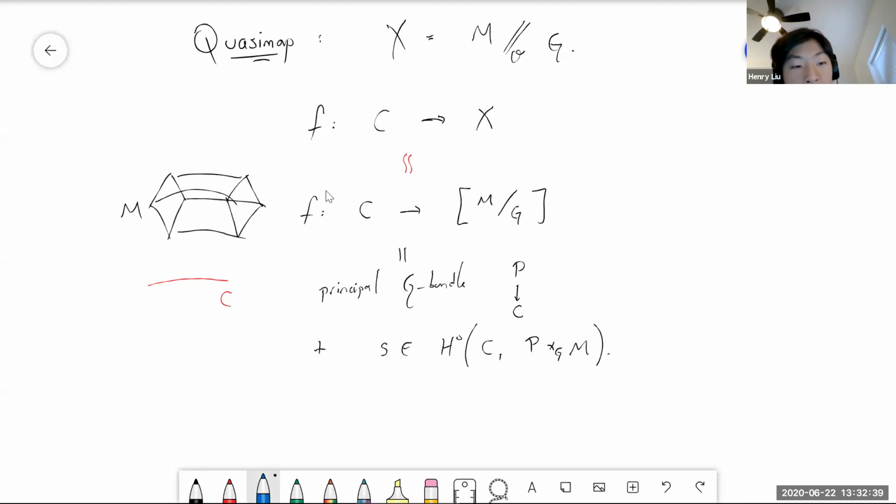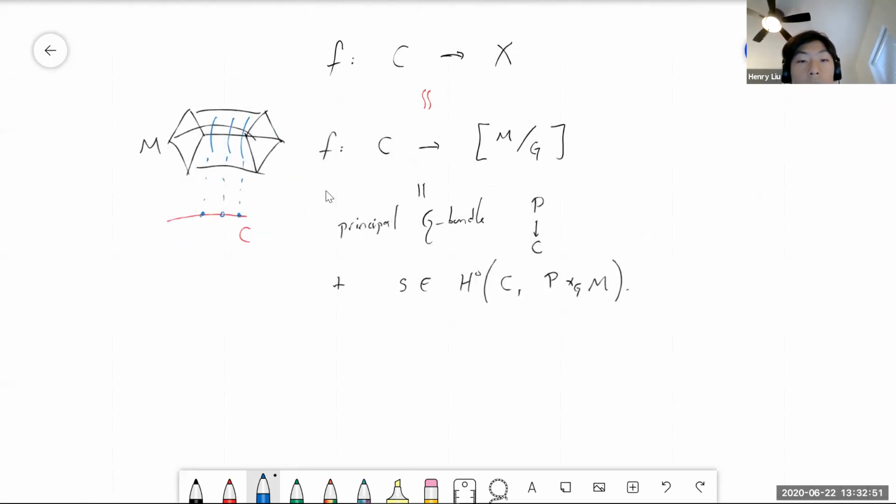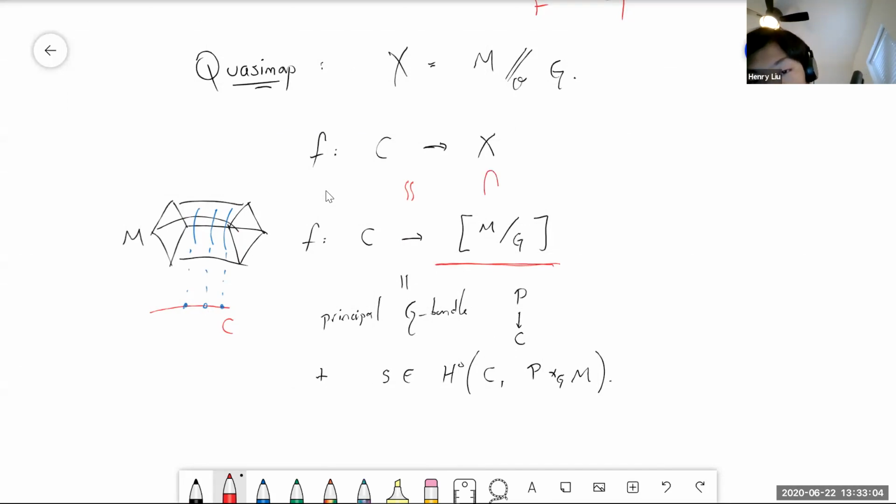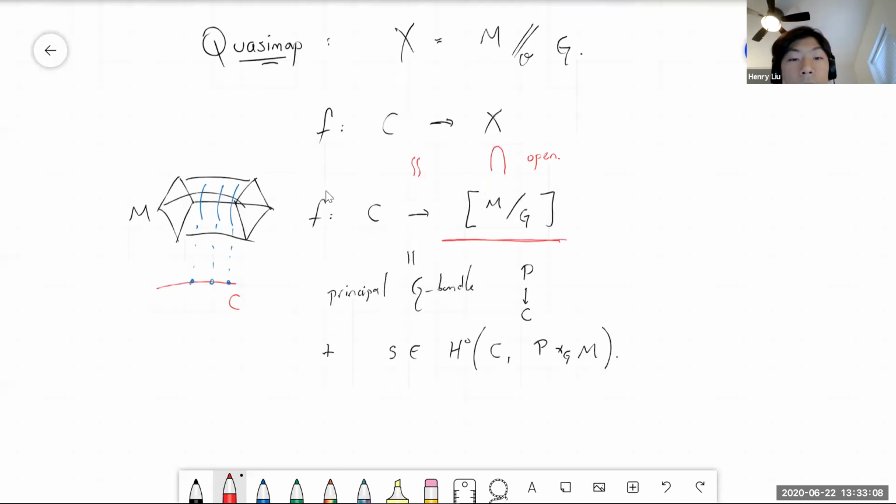And for each point in C, you just pick some kind of G-orbit inside M. Okay. Now, this is not exactly what a quasimap is, because we don't actually want to map to this entire stack. Inside this entire stack is X. X is open inside the stack.